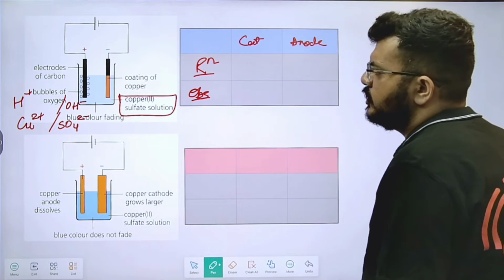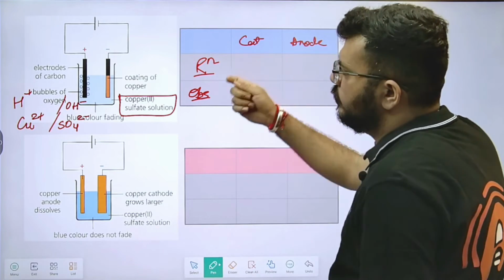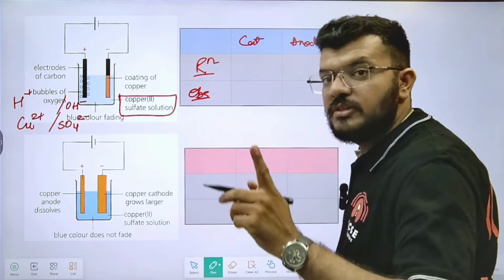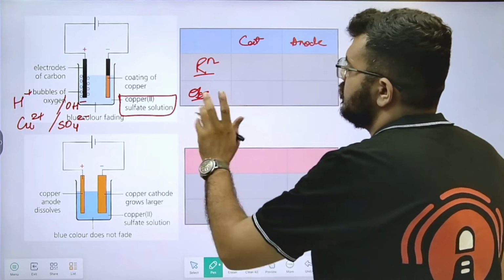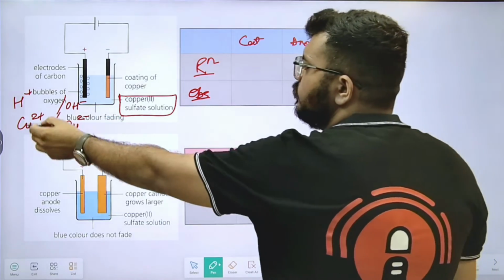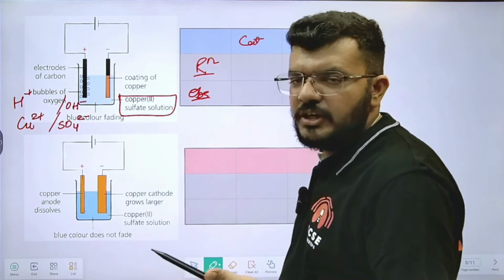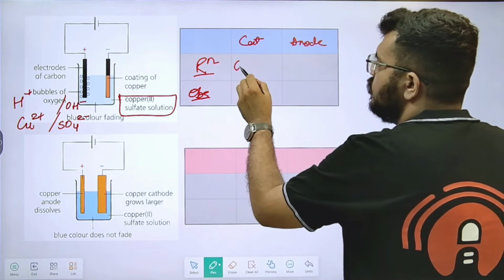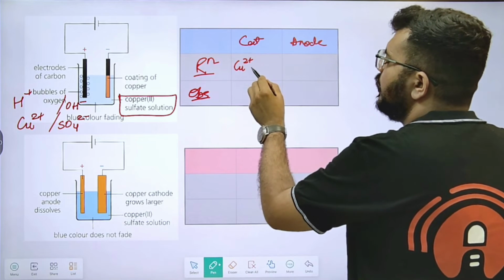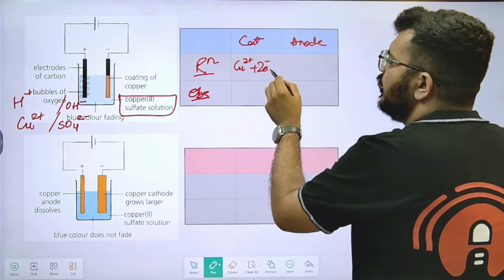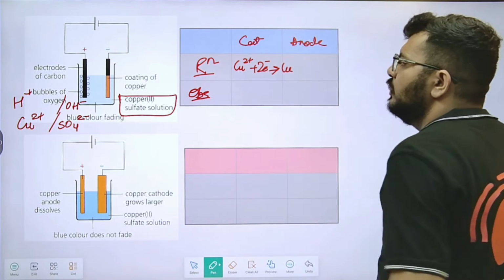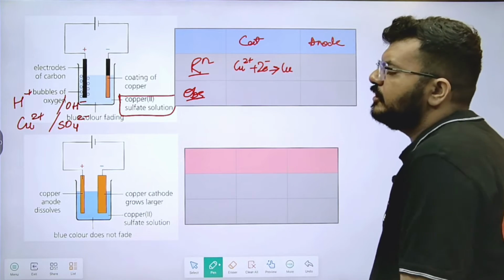Okay, so let's look at cathode. Cathode is the positive one, since cation is the positive ion. So you have Cu2 plus and H plus. What is more reactive? H plus is more reactive. So Cu2 plus will be made to accept 2 electrons to become copper metal, right? Where will this copper metal go?